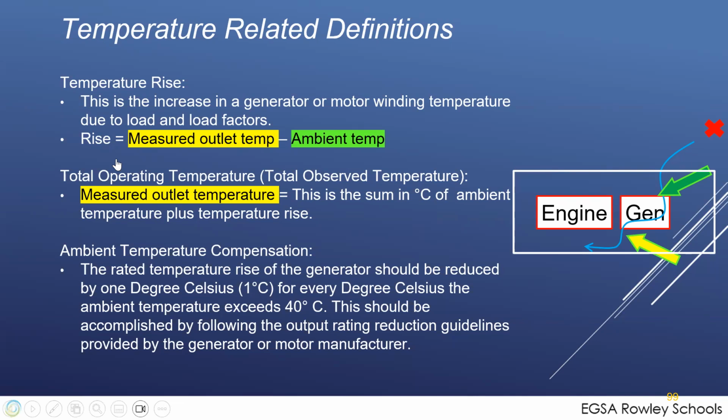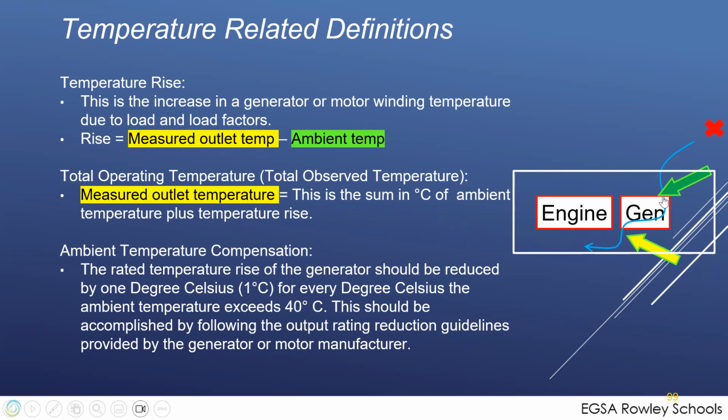Often we heard 40 over 40. Now we're hearing 60 over 80 in some cases, but that's the temperature rise. If you start to exceed that temperature, you're going to decrease the life of the machine. Okay. So the ambient temperature compensation: if the outlet temperature starts to exceed the rated value, you should reduce the load on the machine to prevent the outlet temperature getting too high.